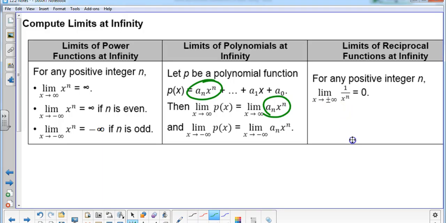And this one we talked about a lot: if we're going off to the right, 1 divided by a ginormous number is what? Yes, it's basically 0. And we talked about if we put a negative infinity in there, it's basically 0.